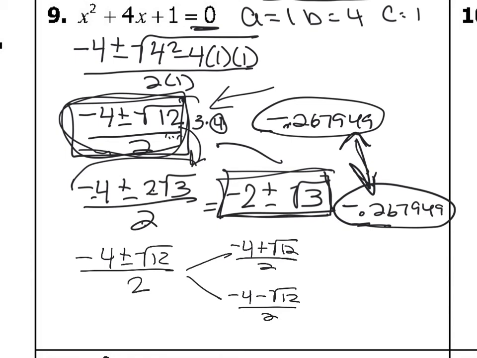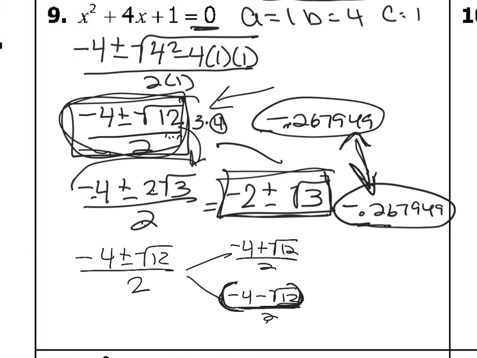When you're putting something in your calculator, if you've got more than one term in your numerator, you need to put parentheses in there before you put that divide. Because if you don't, it's only going to divide the last term by 2, not the whole thing. This is a difference of, so we need to put parentheses because we're dividing the difference of, not just square root of 12.